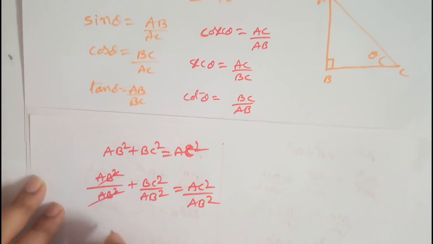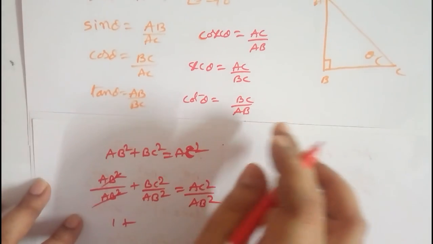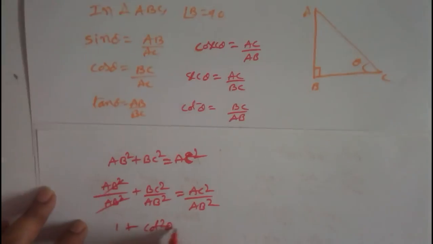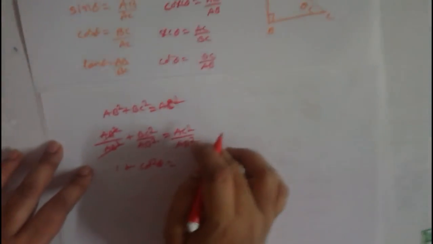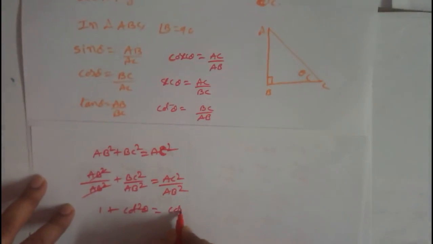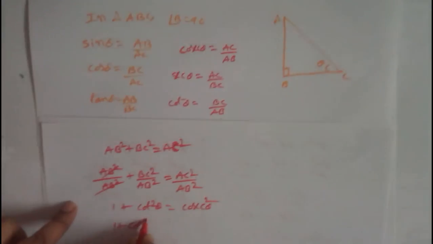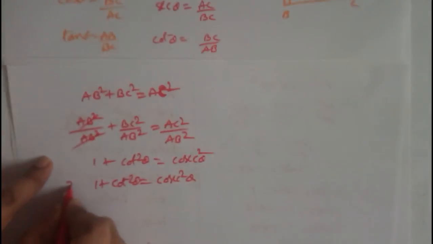AB square gets cancelled. That is 1 plus BC by AB. So where is the BC by AB? BC by AB is cot theta. So you can write cot square theta. AC square by AB square, AC by AB is cosecant theta. So there is 1 plus cot square theta is equal to cosecant square theta. This is the third identity.